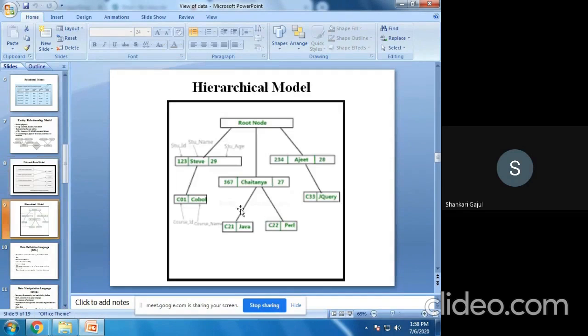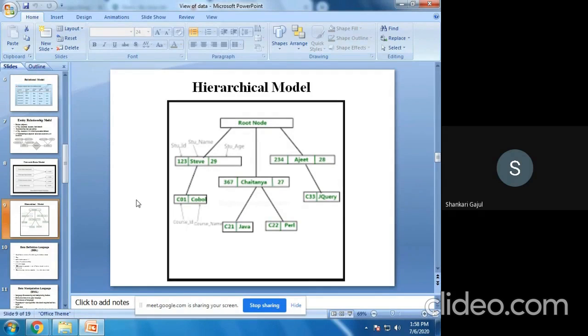So similarly the hierarchical model consists of records also, and the relationship among the data is represented by a link or pointer. But the only difference is that it should be represented in a graphical or arbitrary graph model.